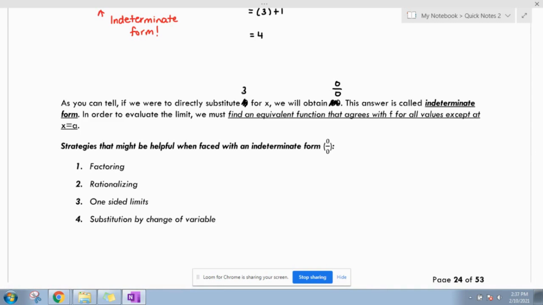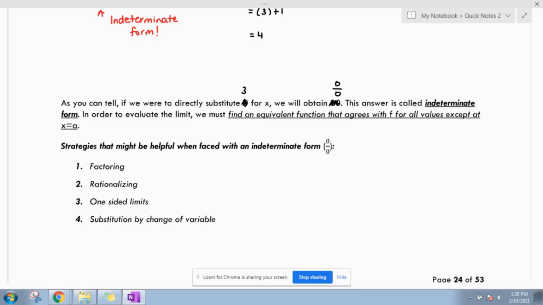So what we have to do is use our skills that we've learned through advanced functions and earlier on in this unit to help us create equivalent functions, not fractions, equivalent functions that will allow us to solve the limit instead. Some ways that we can get around indeterminate form: we can do things like factoring, which is what we did in the previous example.